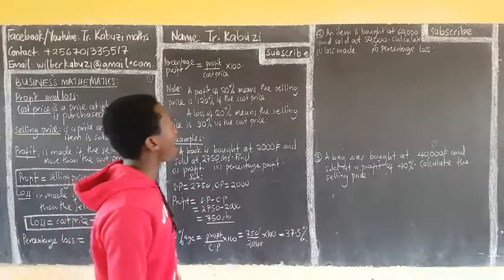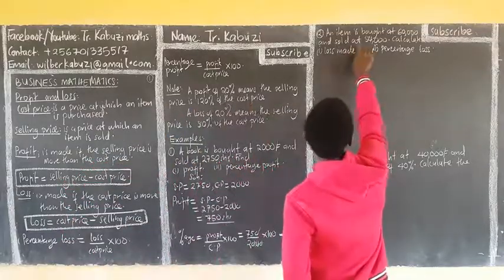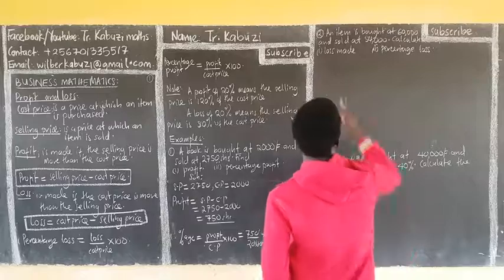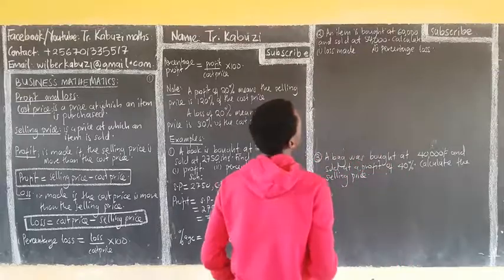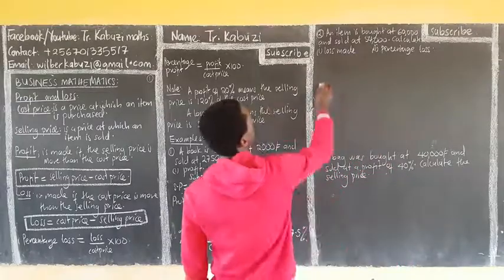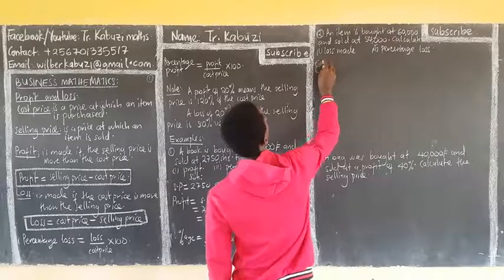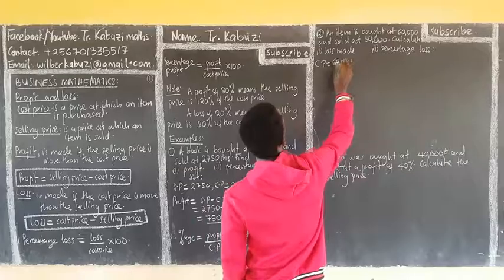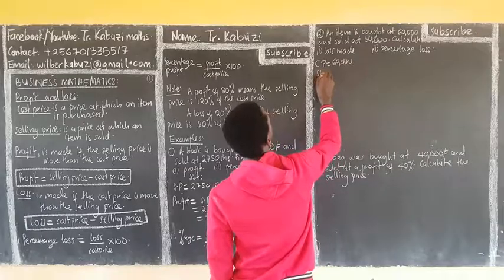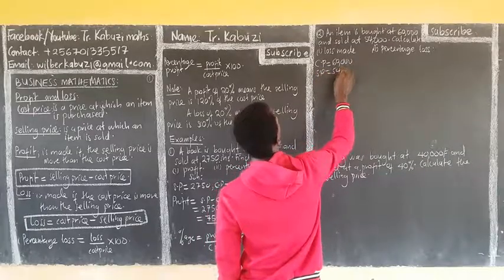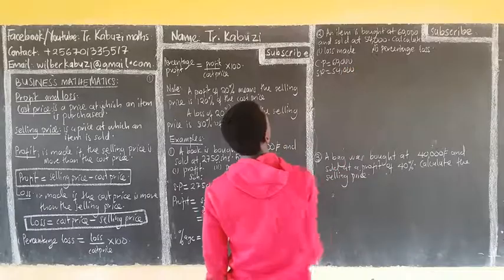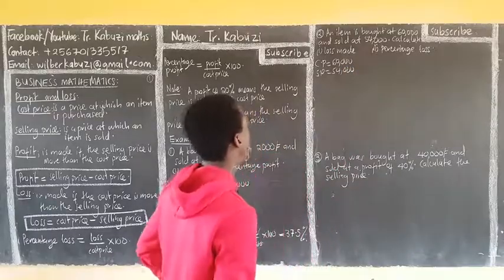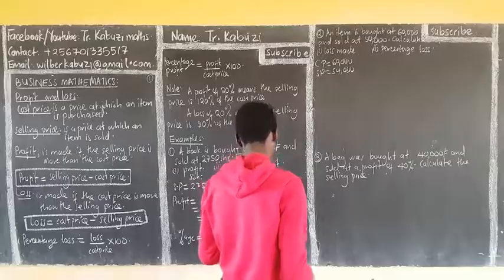Now we have an item bought at 60,000 and sold at 54,000. Calculate the loss made. Of course, you see that our cost price is 60,000, then the selling price is 54,000. So this is going to be a loss because the selling price is lower than the cost price.